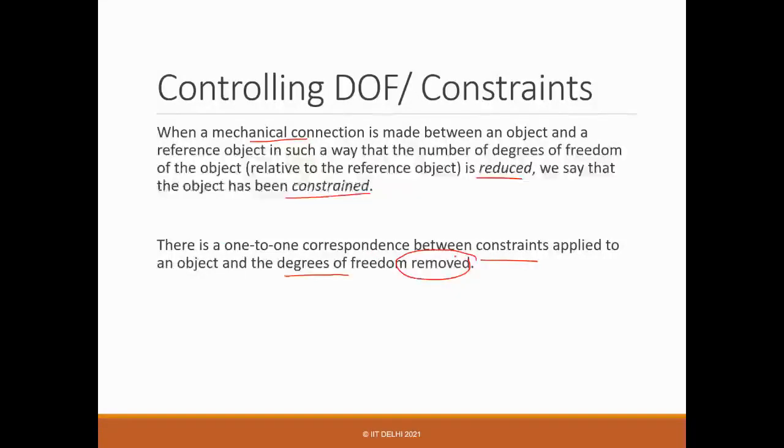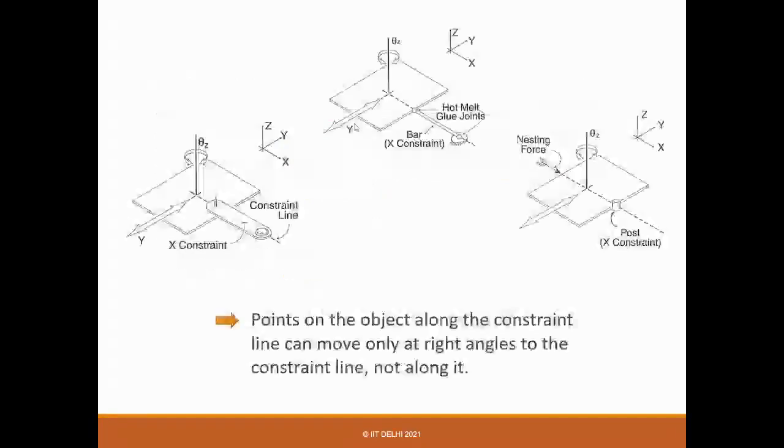Whenever we put a constraint, we remove degrees of freedom. In other words, whenever we make any mechanical connection, certain degrees of freedom are removed, or we have imposed certain constraints.